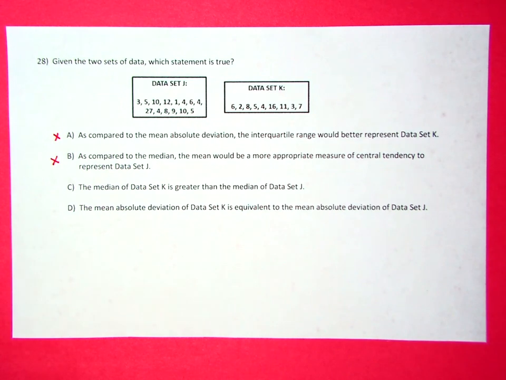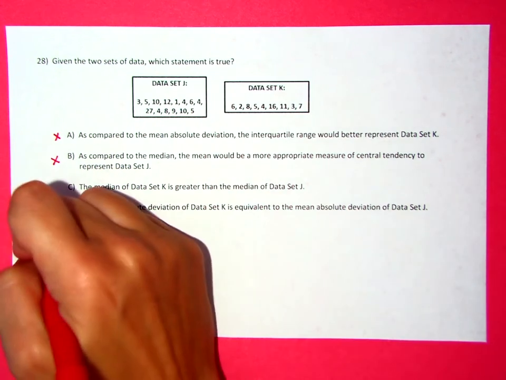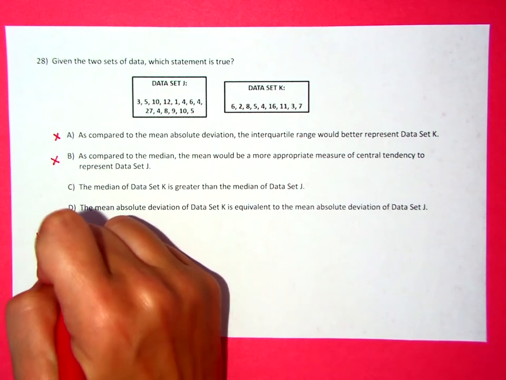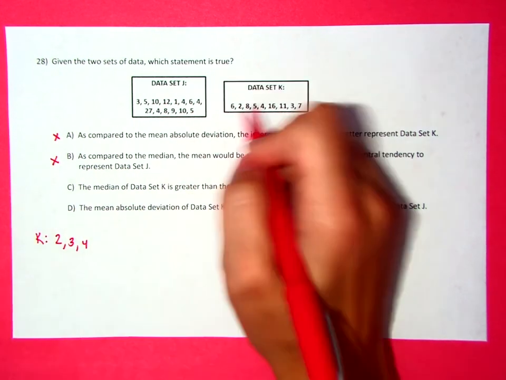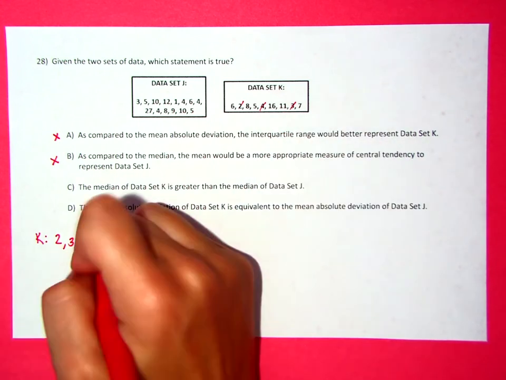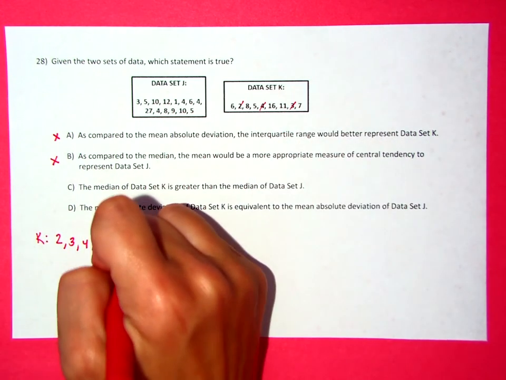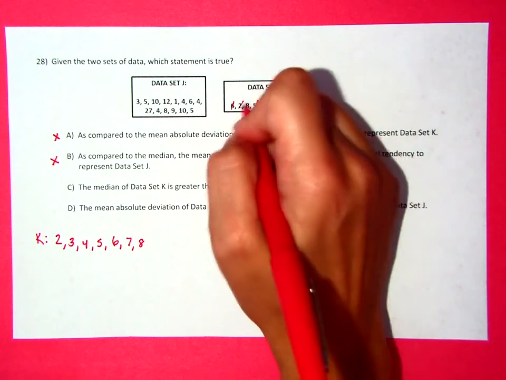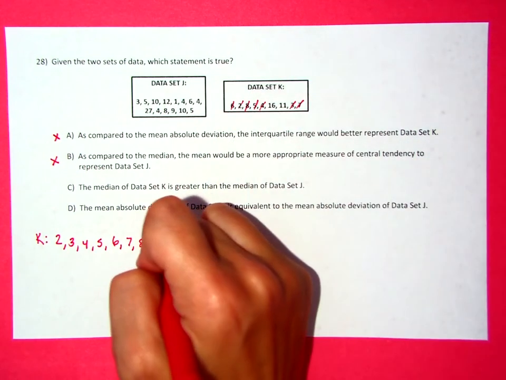Then it says on C, the median of data set K is greater than the median of data set J. Well, let's go ahead and find the median for data set K. We need to put these numbers in numerical order. So we've got a 2, a 3, and a 4. What I'm going to do is mark them out as we go through, just because it keeps us organized. We've got 5, 6, 7, 8, and then 11 and 16.